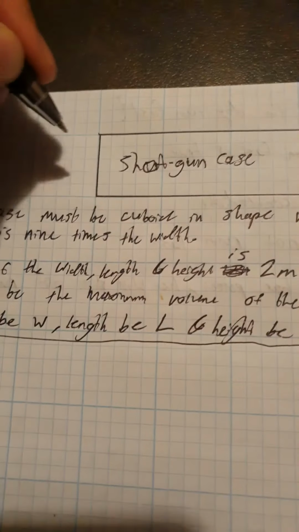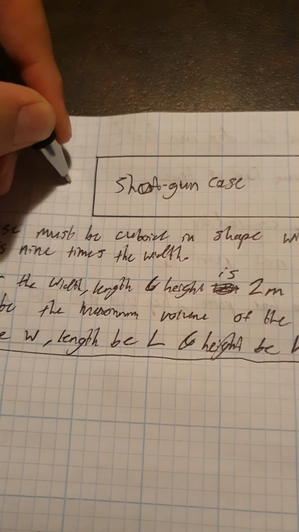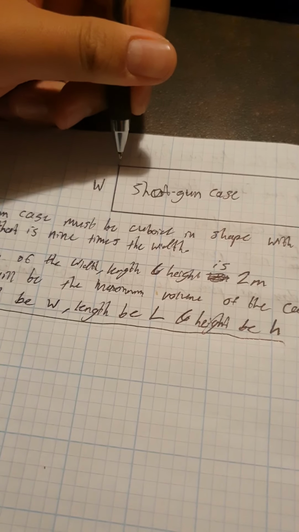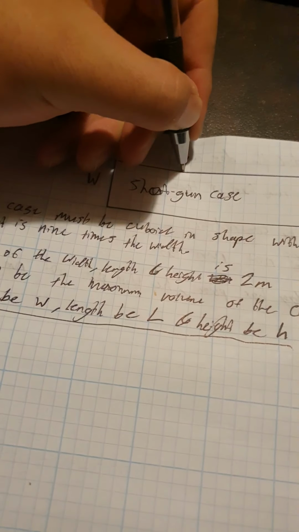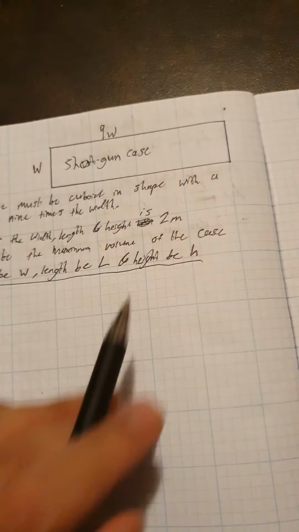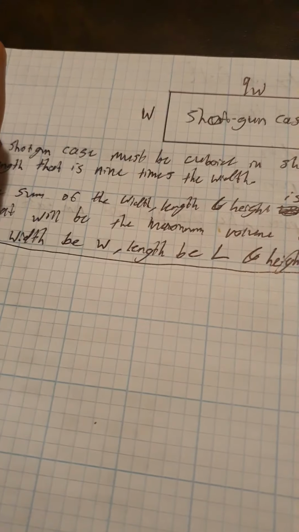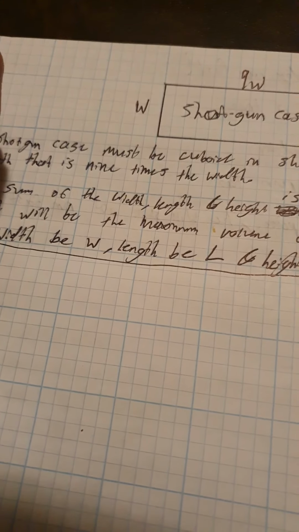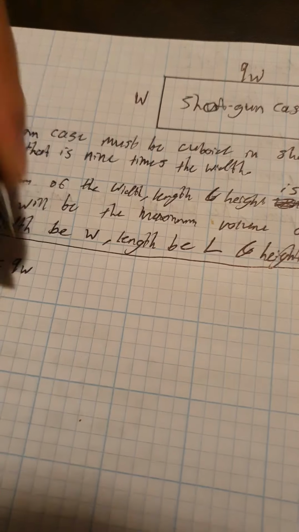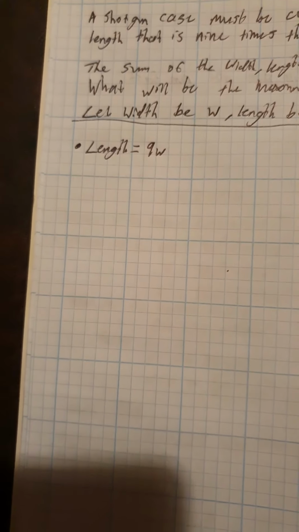So this is the width here, W. And then we know this is going to be the length, so the length is going to be 9W, 9 lots of W. We've established that length is 9W, so let's write down as a bullet point: length equals 9W. Cool, I'm happy with that.